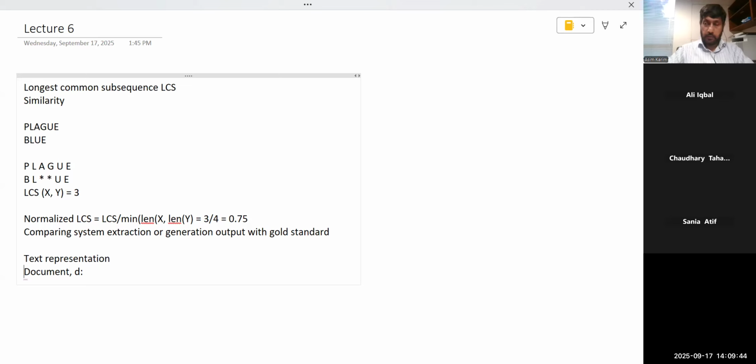But let's say only L matches on one side and U matches on the other, only one each, then obviously LCS would be 2. It's not necessary that they are consecutive. They could be very far apart, but they are matching. All right.